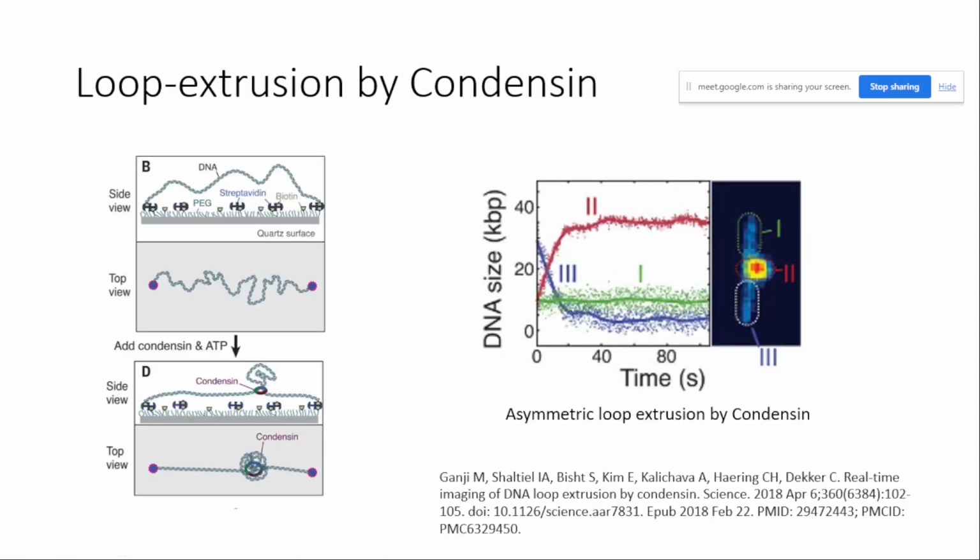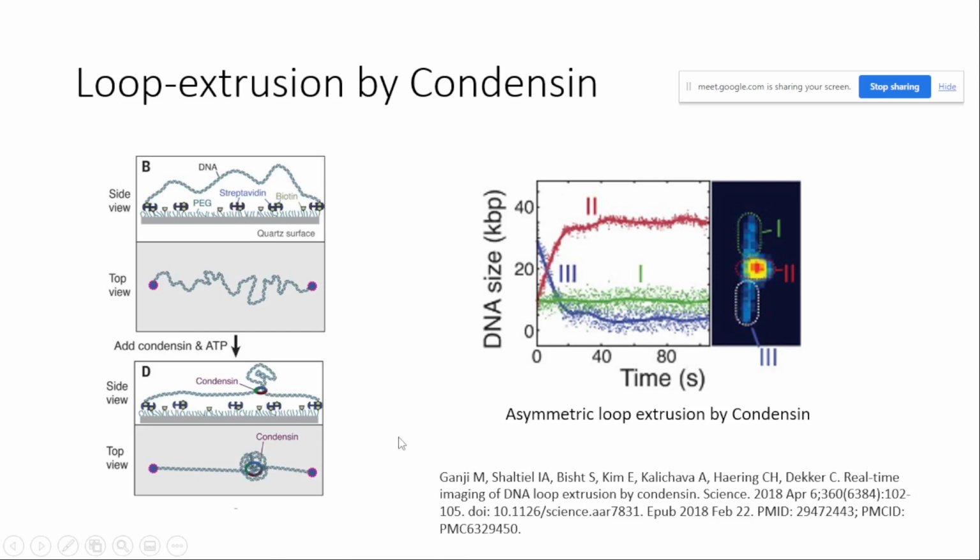So recently, in 2018, it was found that condensin has a role in loop extrusion, and they showed this by single molecule imaging. This was published in a Science paper.